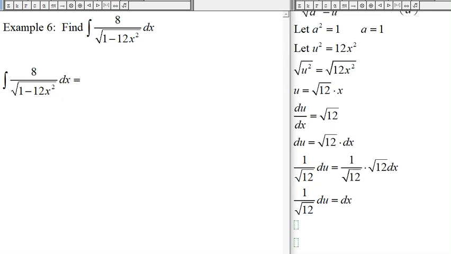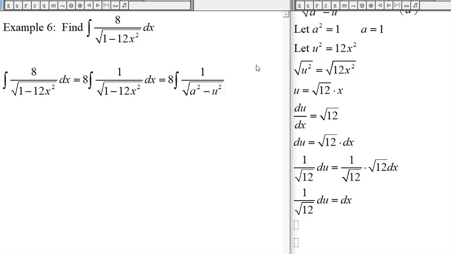This integral we can rewrite as 8 times 1 divided by the square root of 1 minus 12x squared dx. And then this is 8 times 1 divided by the square root of, now 1 is a squared, minus 12x squared is u squared.